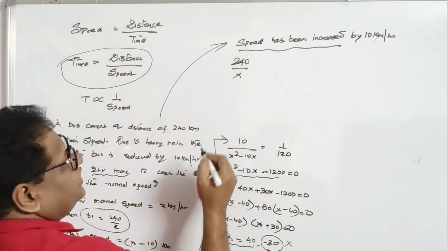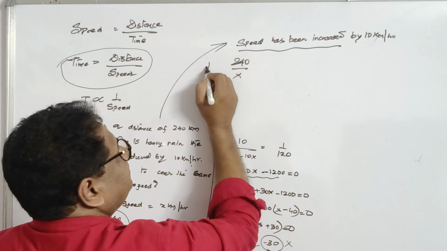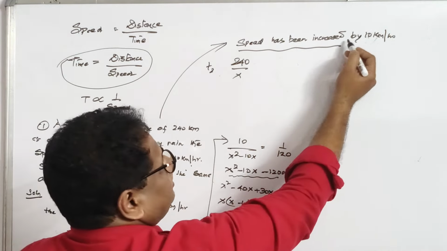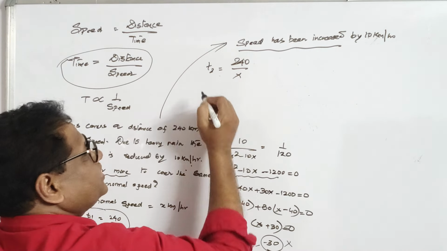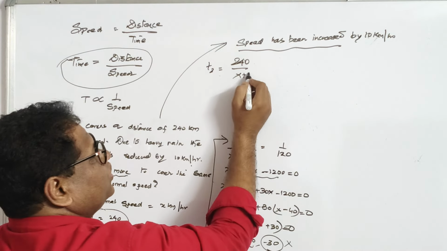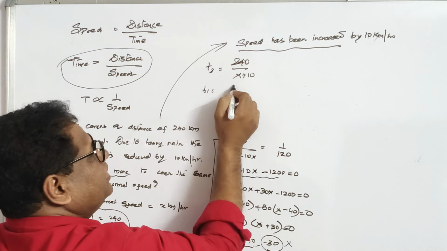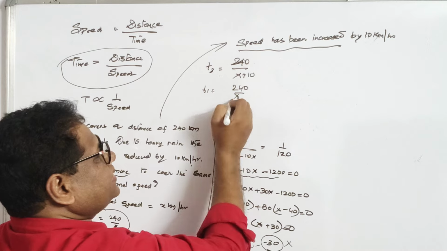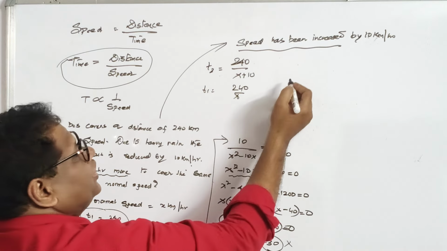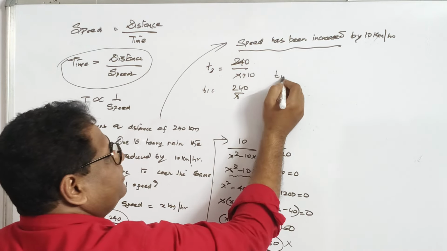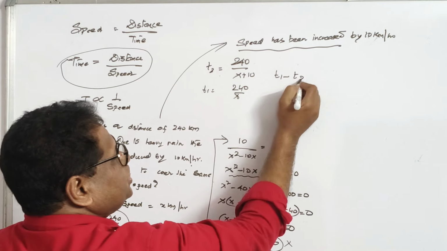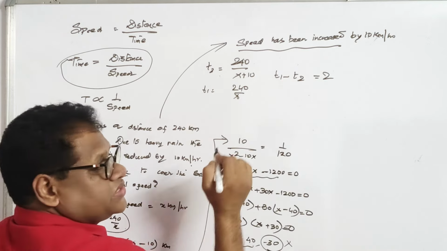In that condition the new speed will definitely be x plus 10. So the time taken for the second journey will be t2, that is 240 by x plus 10, and the value of t1 is the same, 240 by x. Now what you have to do? You have to apply this formula, t1 minus t2 equals 2 hours.